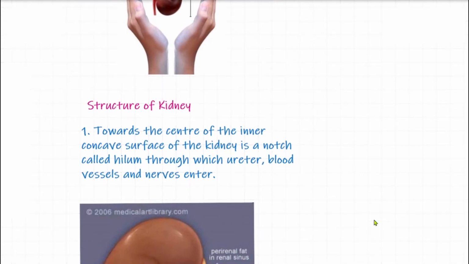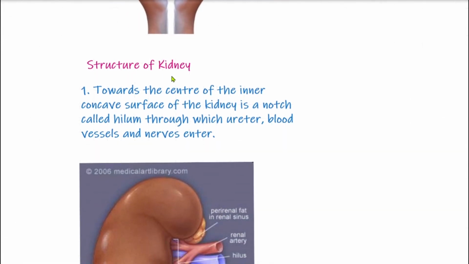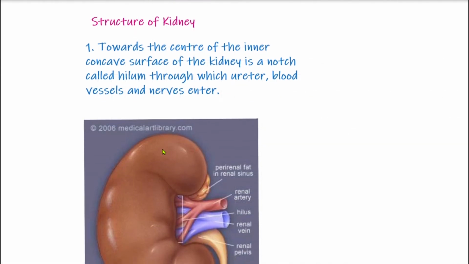Now we will study the structure of the kidney. In the kidney, there are two surfaces. This is the outer convex surface and this is the inner concave surface. I am again repeating, this is the outer convex surface and this is the inner concave surface.